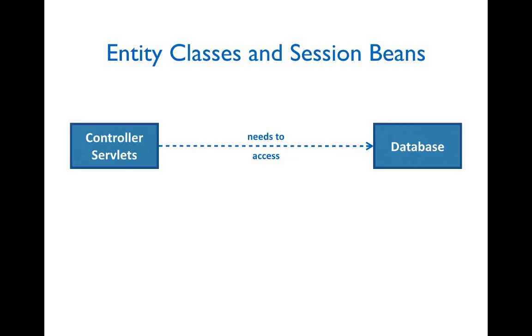It's also a good idea to separate SQL from our Java application so that the two can change independently of each other. We don't want to have to rewrite large chunks of code if we change the database. To enable all of this, we create entity classes.